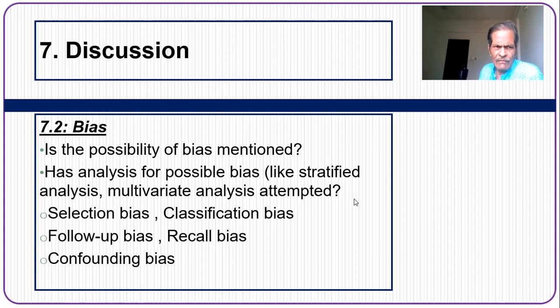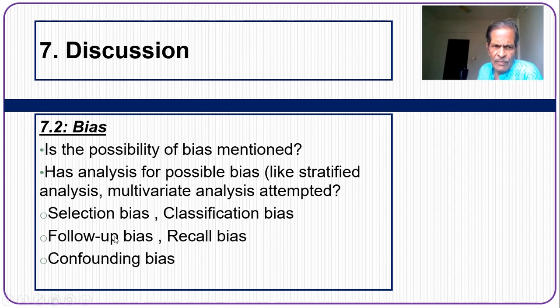Then in the discussion, there must be some mention of the possibility of bias. Has analysis for possible bias, like stratified analysis or multivariate analysis, been attempted or not? Some types of bias can be addressed by stratified analysis and multivariate analysis. But if it is not done at all, that means some biases were not addressed in the study.